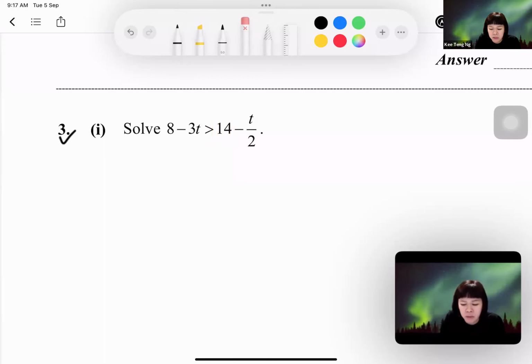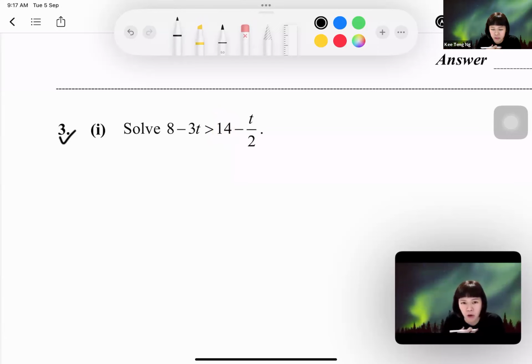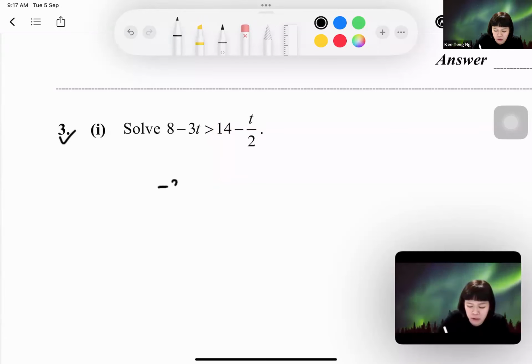So maybe sometimes we want to avoid such a mistake. What can we do? We can try to shift and regroup all the t together into one side first before we get rid of the denominator. So for me, out of convenience, I'll just try to put everything on the left-hand side. So this is negative 3t.